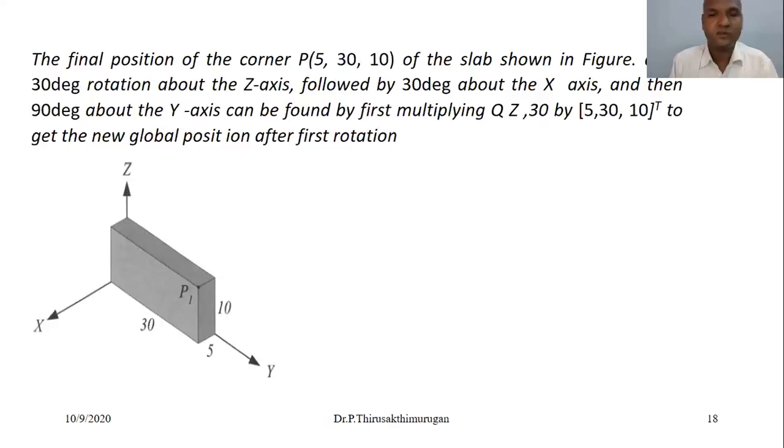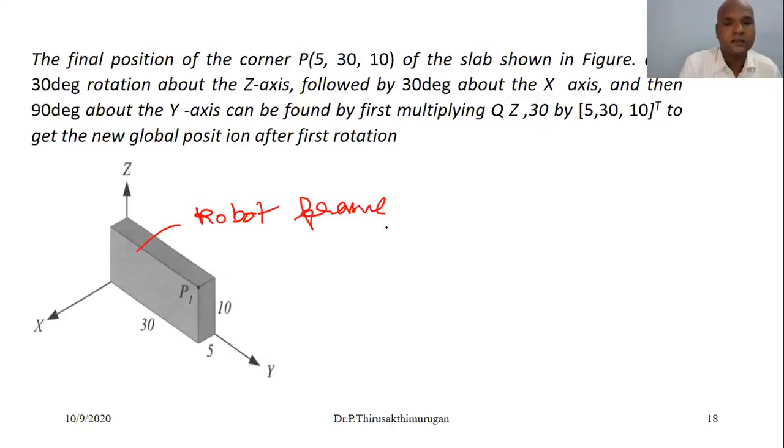X is 5, Y is 30, Z is 10. So this is the slab, or you can also put a robo frame instead of slab.